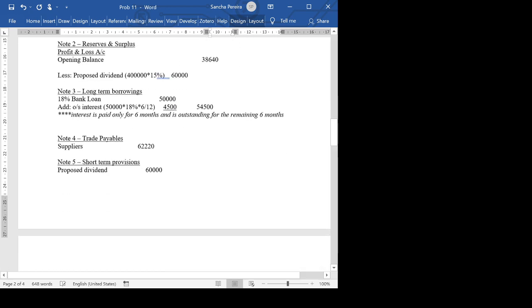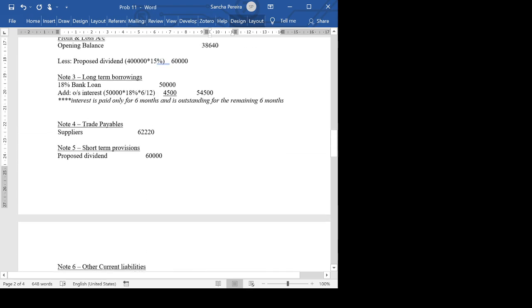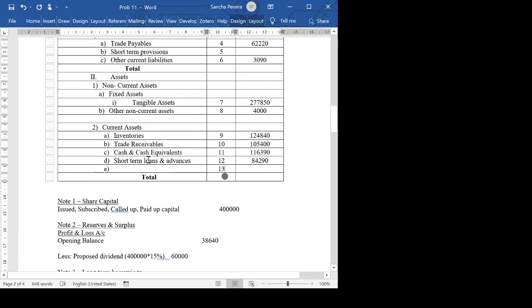And the last thing that we have in the balance sheet is other current assets, which is 10,000. We can't total it yet because we don't know all the figures.